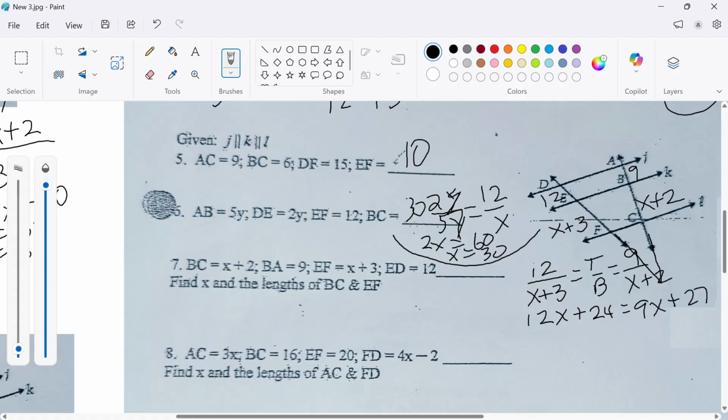I will subtract 9x from both sides, subtract 24 from both sides. 3x equals 3, x equals 1. X is 1, BC is 3, and EF is 4. Looks good to me.